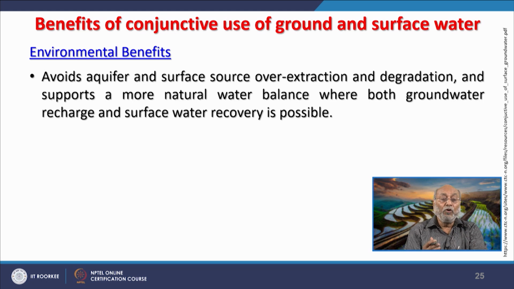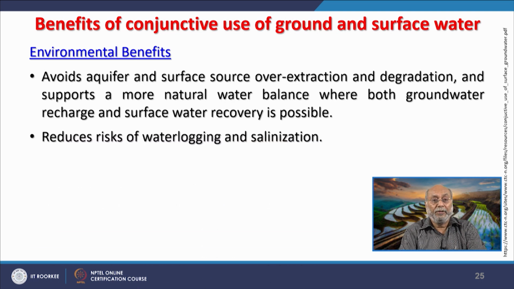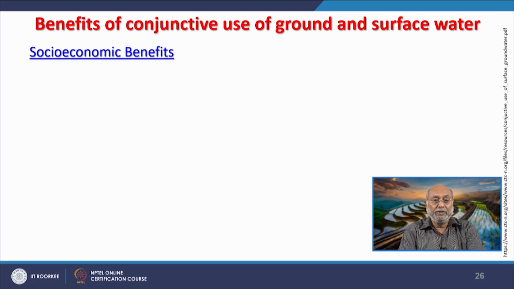So, the environmental benefits, if we go for conjunctive use: the first one is to avoid aquifer and surface source over extraction and degradation, and it supports a more natural water balance where both types of water, that is groundwater recharge and surface water recovery, are possible. This conjunctive use will also reduce the risk of water logging and salinization, which we have discussed also.